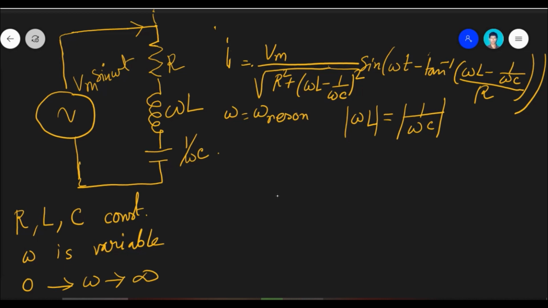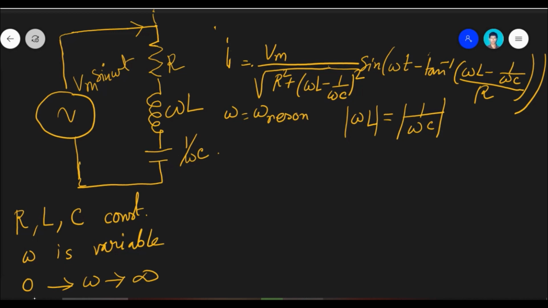And the two extreme conditions are omega equal to 0, when the capacitor behaves like an open circuit, and omega equal to infinity, meaning a very large frequency.